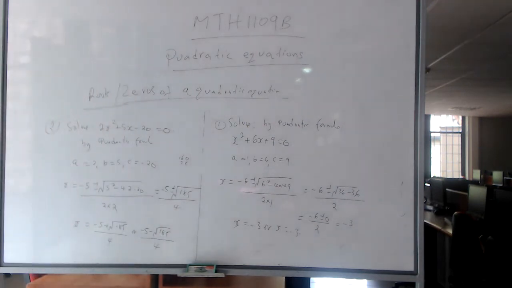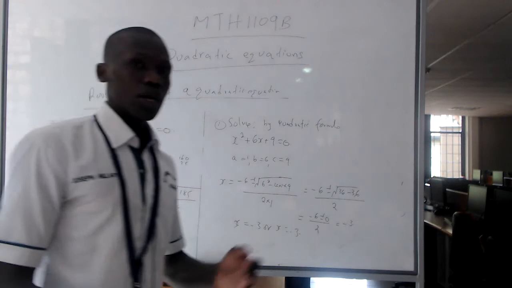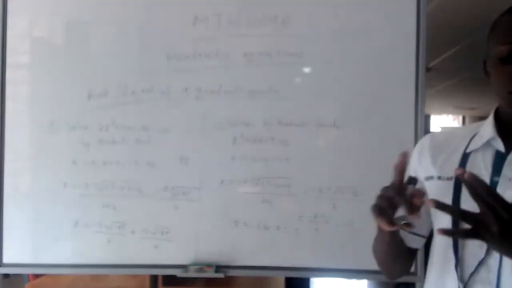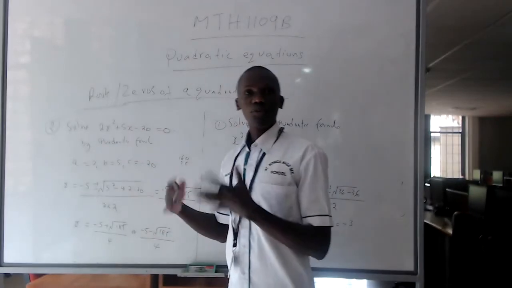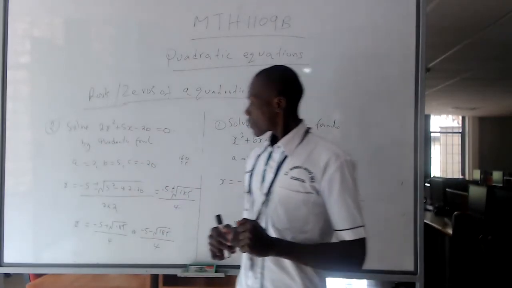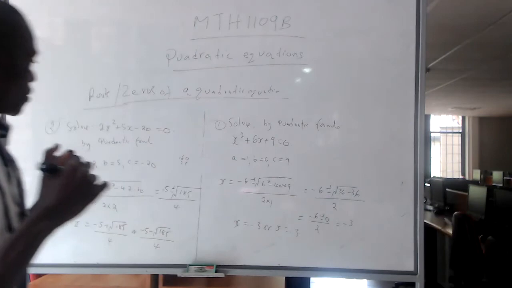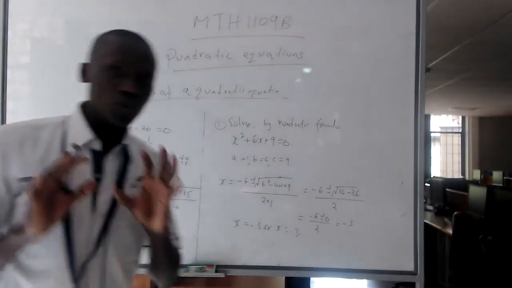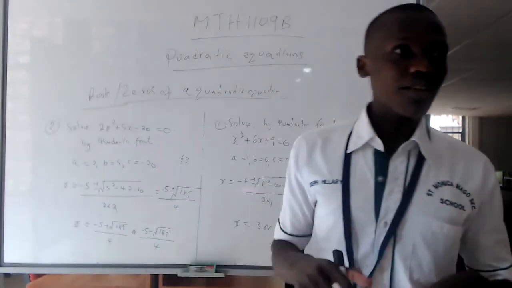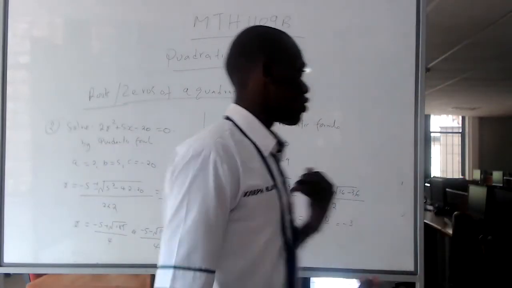Now that we have known how to solve quadratic equations by factorization, completing the square, and the formula, of course, the formula comes from completing the square. From this formula, we can predict the number of solutions that a quadratic equation will have without necessarily solving.